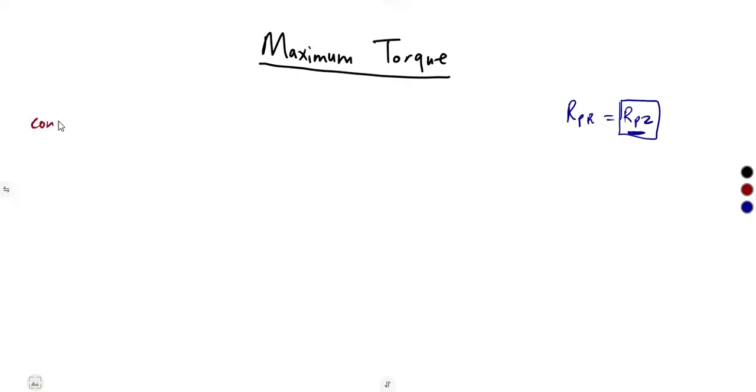So the condition will be for us to obtain this maximum torque. The resistance for standstill, that is the standstill rotor resistance per phase, must be equal to the maximum slip times the reactance that we have at standstill, the standstill rotor reactance, remember.